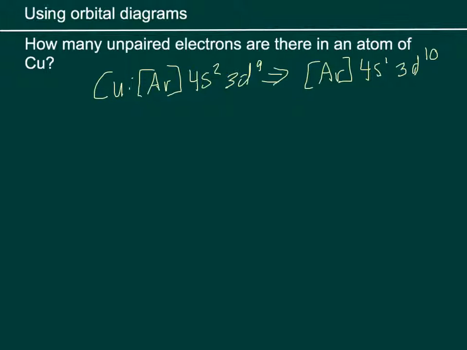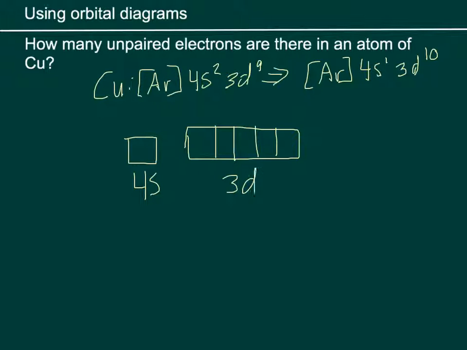Okay, so if we were to look at this from the standpoint of the orbital diagram, we have our 4s, and we have our 3d, and originally our thinking was that we would fill it with up, down, up, down, up, down, down.